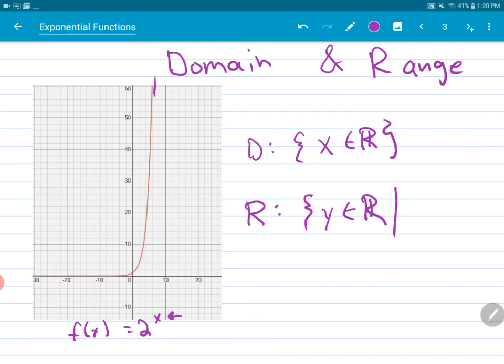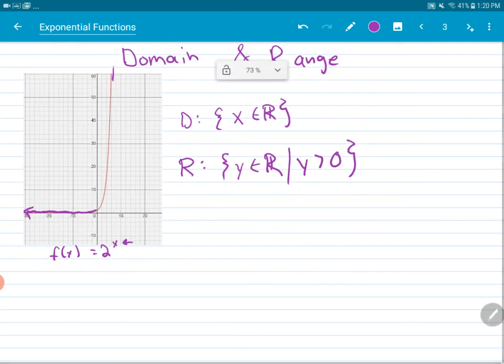But remember that vertical line telling us y actually has to be greater than 0, not greater than or equal to, because it will never equal 0. You can see here it's getting closer and closer to 0, but if you zoom in on Desmos, you'll see it's never going to touch. That's a horizontal asymptote, which means the line gets closer and closer to it every time, but will never touch. So that's the domain and range for a basic exponential graph.